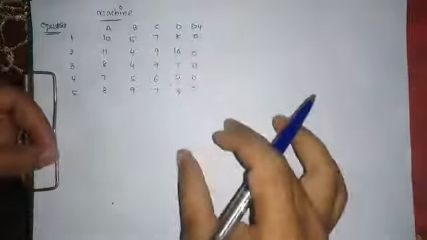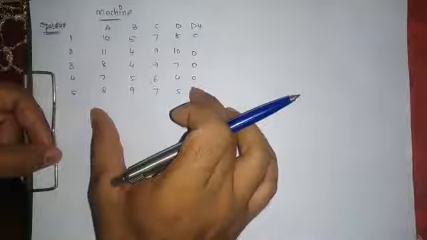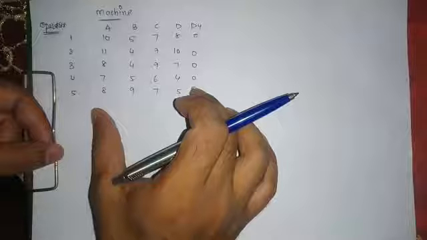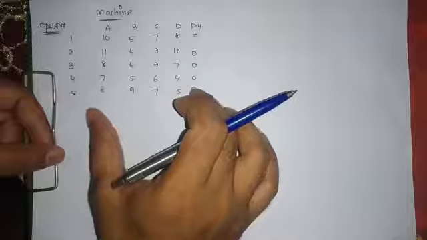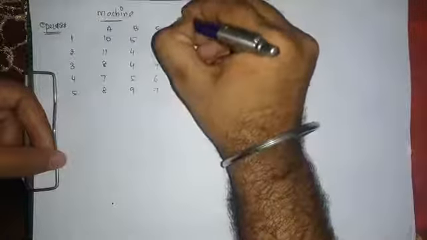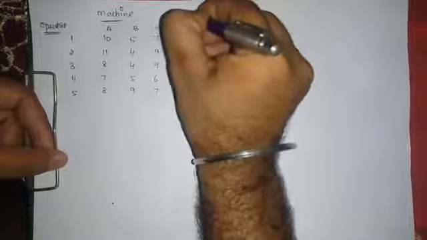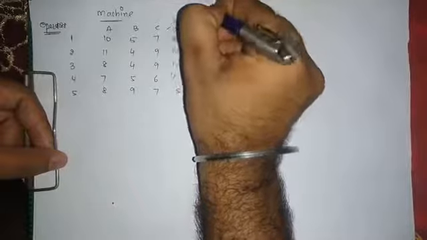For the time being, we are considering these elements as a cost element, or you can say time element, production time or cost, which we want to minimize. So I am saying that is a cost matrix.